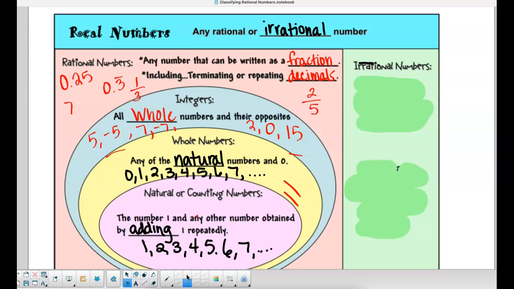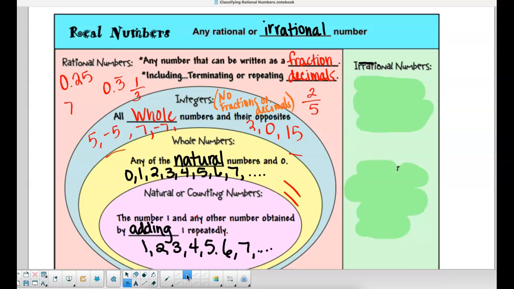So maybe you need to put a note on here. Integers: no fractions or decimals. There cannot be any fractions or decimals if it's an integer. Can whole numbers have fractions or decimals?